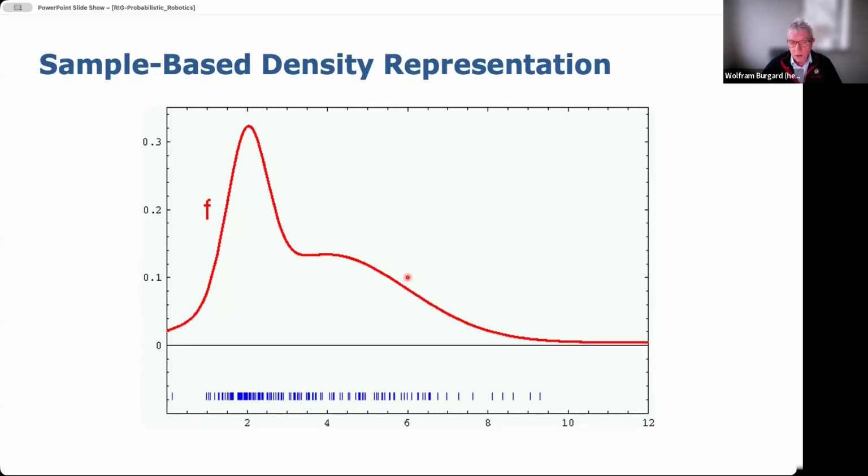You can always approximate an arbitrary function by a set of hypotheses, and then the height of this function is proportional to the density of these particles. This is the key idea of this representation. Low values mean few particles, high values mean high density of particles.